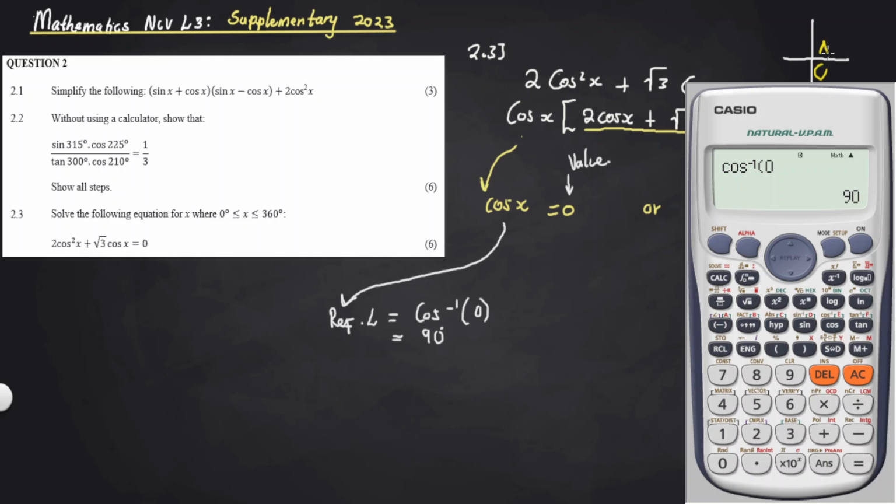Now the CAST diagram. This is your best friend in trigonometry. So I have my reference angle 90, and my value is considered positive. Where is cos positive? Cos is positive in the first quadrant as well as the fourth quadrant, so we're going to have two solutions.